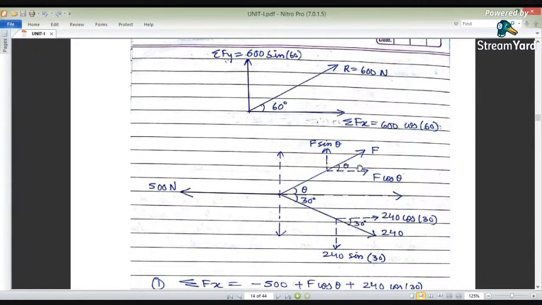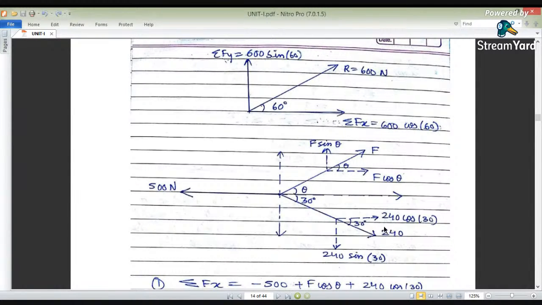Again, depending upon these figures, we are resolving this force F, which makes an angle theta. The horizontal component is cos theta, whereas the vertical component is sin theta. Again, the 240 newton force makes an angle of 30 degrees with the horizontal, so that means 240 cos 30 in the rightward direction and 240 sin 30 in the downward direction. While resolving, we have to move this force along the x direction.